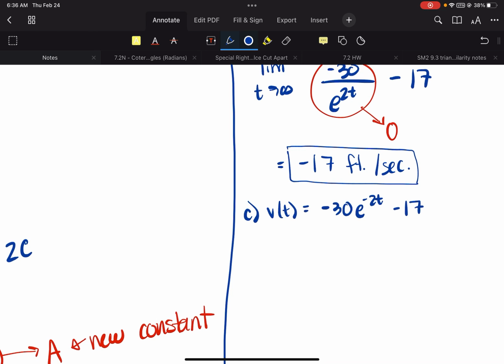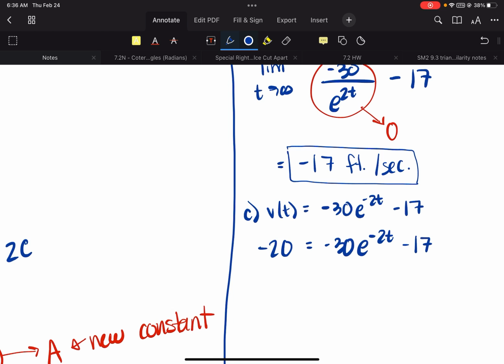Speed is related to velocity, but speed is always positive and velocity can be negative. In this case, our velocity is negative because the skydiver is going down. So my velocity is negative 20, equal to negative 30 e to the negative 2t minus 17.